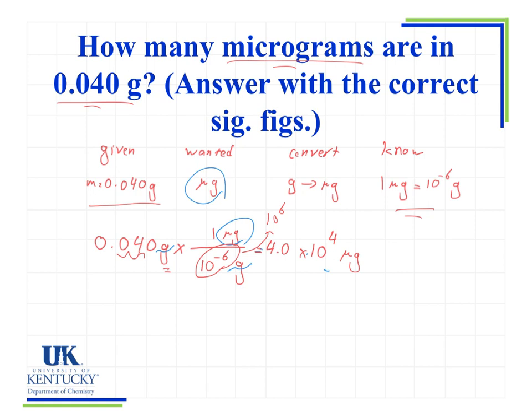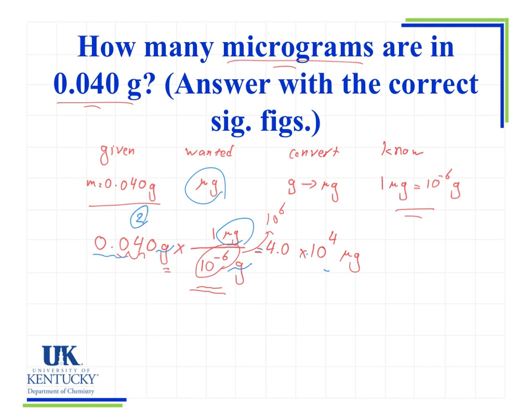So if you remember, for multiplication, the rule says the smallest number of sig figs, right? How many sig figs do we have in the first number? Because this is a conversion, this is not something you consider for significant figures. So the first number, how many sig figs does this one have? It has 2 sig figs, right?